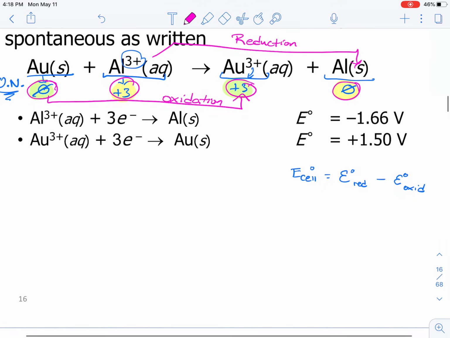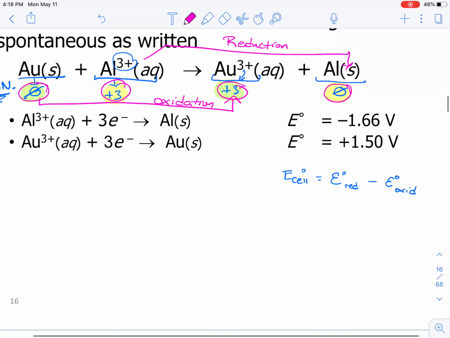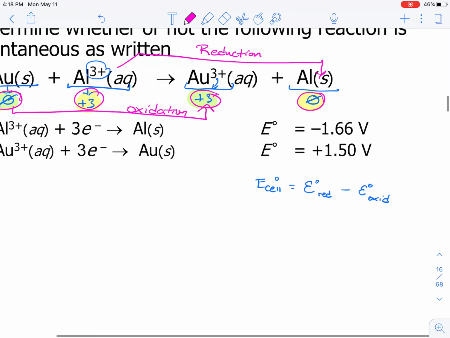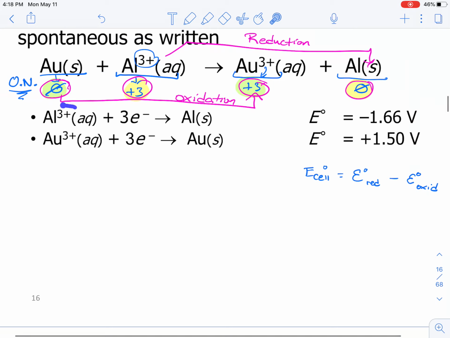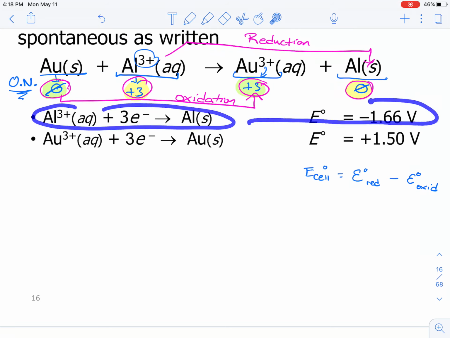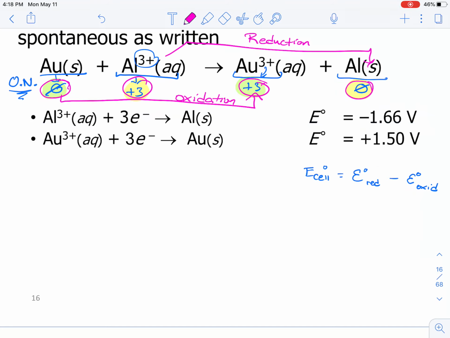So now that I know what's oxidized and what's reduced, I can go ahead and place these values in their proper place in this equation. Notice that aluminum is undergoing reduction. Since this is the value for aluminum, I'm going to place negative 1.66 volts in the very front.